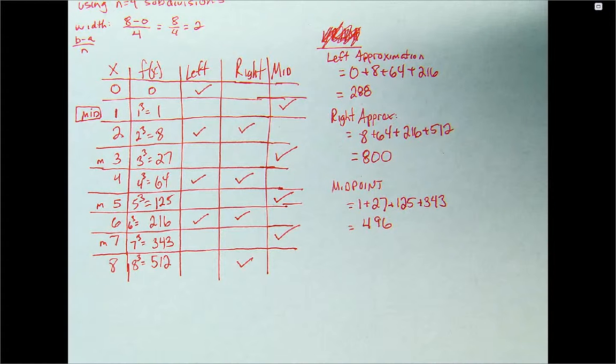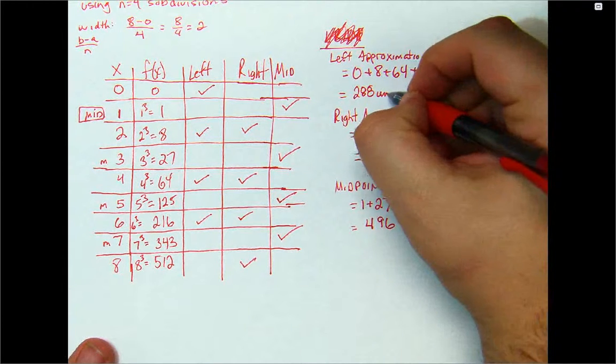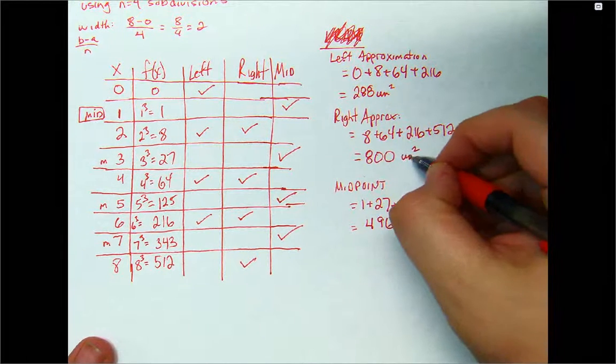And so we get 496. And since they're areas, it's unit squared, unit squared, unit squared.